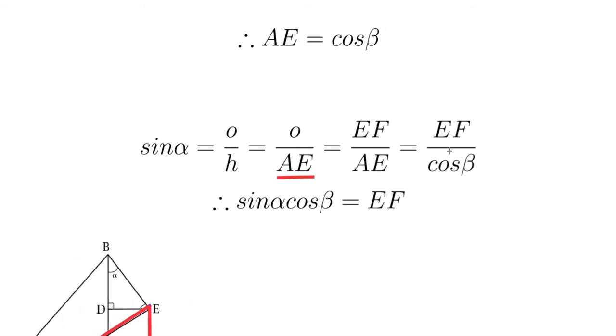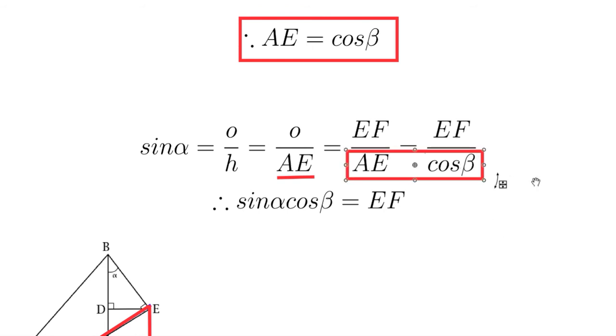We finally can say, as a result of what we have just discussed in the past, that AE is cos beta, so why not make that substitution of information and call AE cos beta. And so what we can then do is multiply both sides.